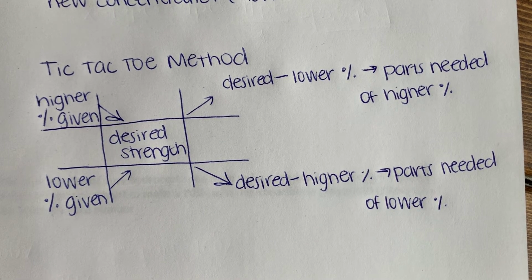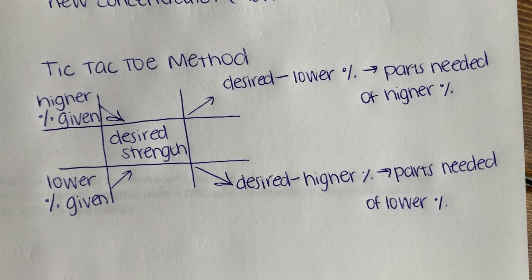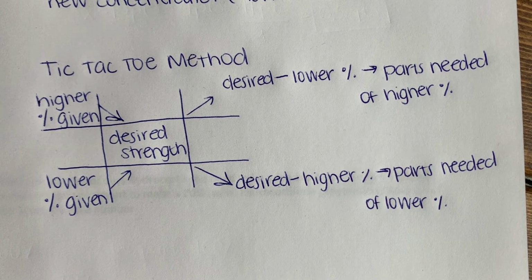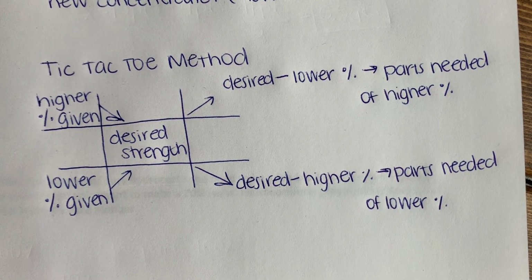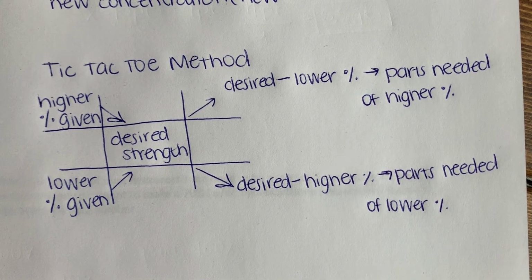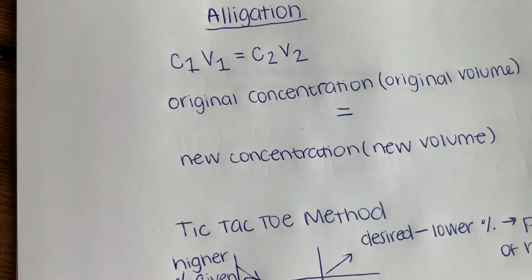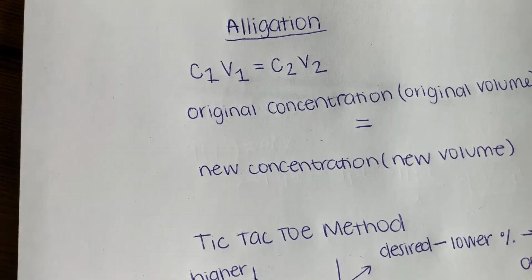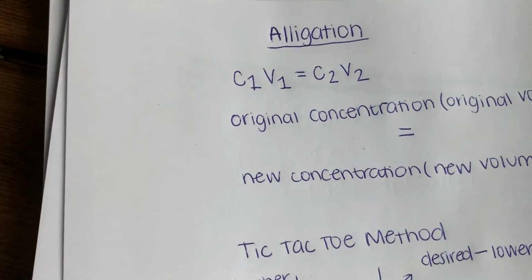So this should all make more sense using a word problem and using it mathematically. It will make a lot more sense. So now we're going to go ahead and do two word problems. One with C1V1 equals C2V2 and the other one with the tic-tac-toe method.